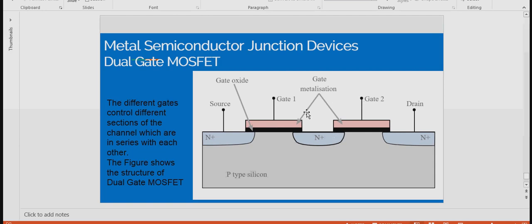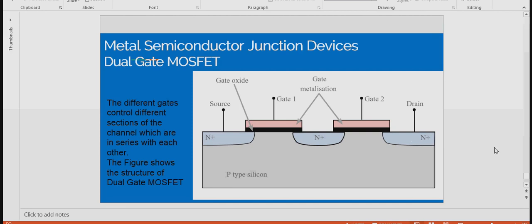This one is gate 2. Above that, the rose color indicates metal gates and P type silicon, and the bottommost black color is nothing but silicon dioxide. Different gates control different sections of the channel which are in series with each other.